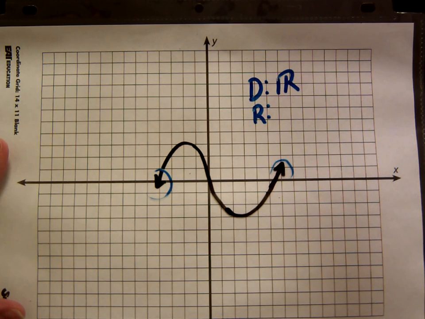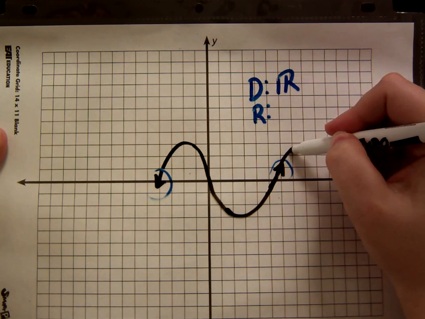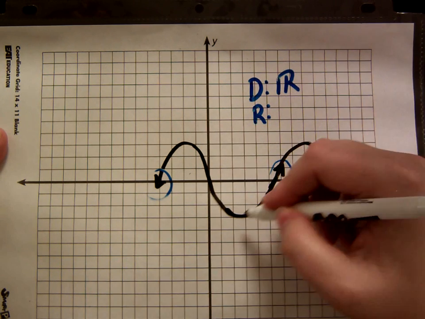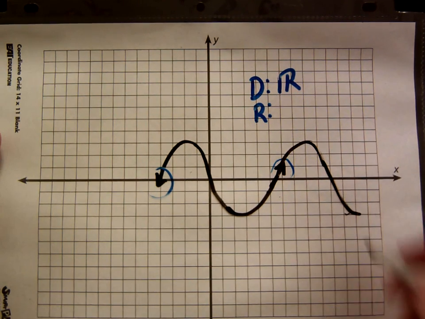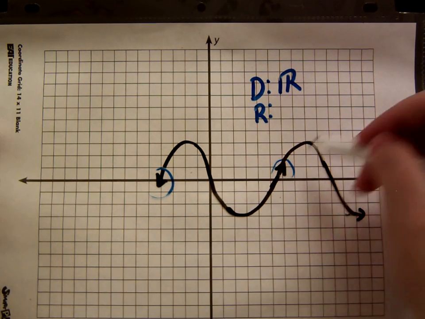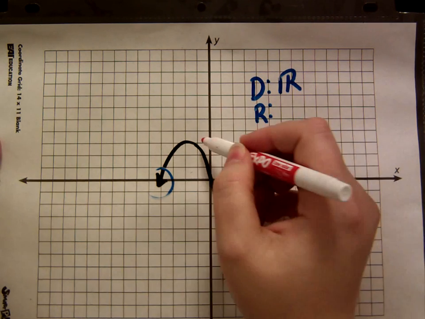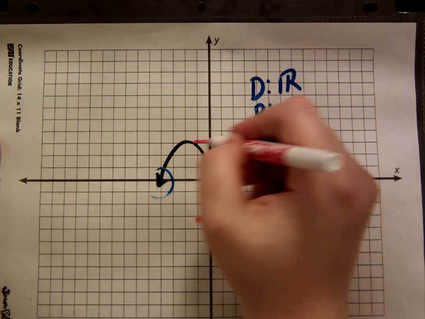Now the range is how high and how low it goes. Now in this particular graph, this is a sine curve. A sine curve will continue to go up to here and then down to here. It'll continue on curving. So the range does not go below here or above here.